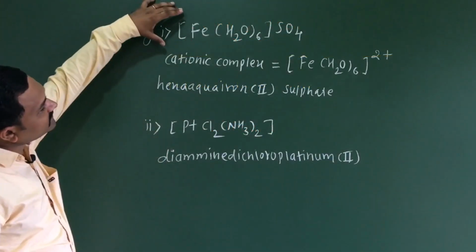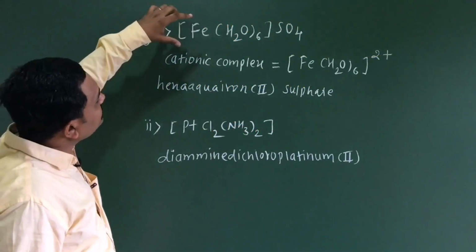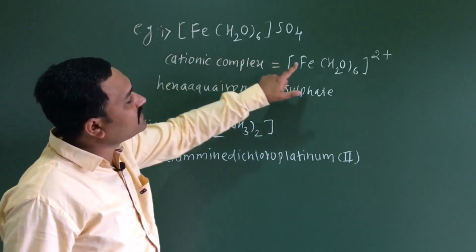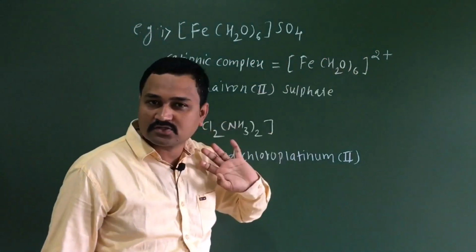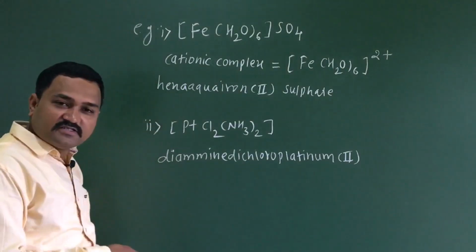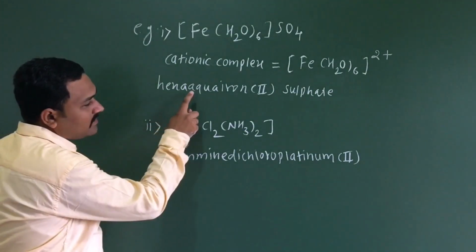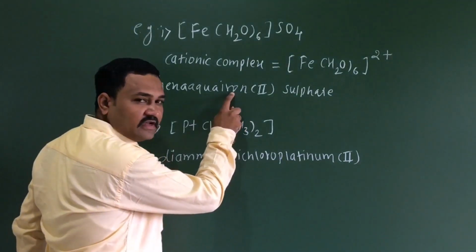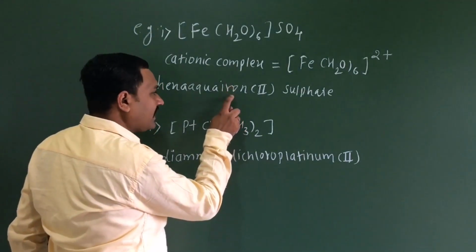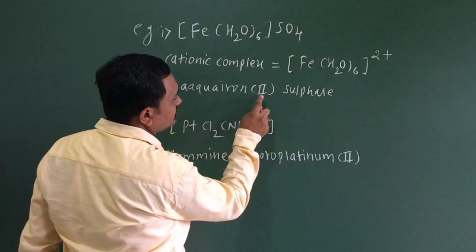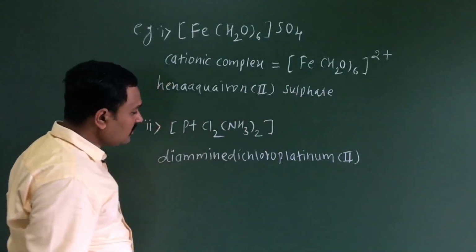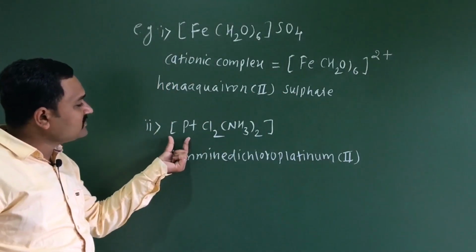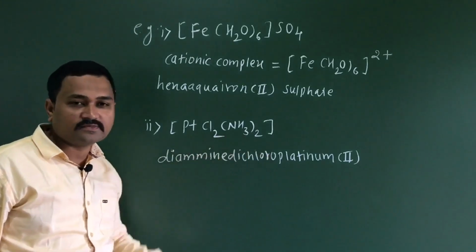Here you can observe that this is a cationic complex, that is [Fe(H2O)6]2+. Hence its name is written as hexaaquairon. So it is not written as ferrate or something else. It is directly written as hexaaquairon(II) sulfate. Now let us consider the second example, that is [PtCl2(NH3)2].